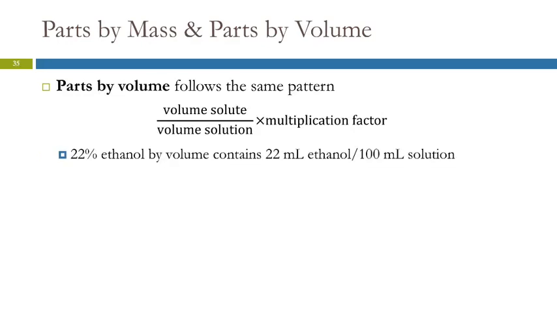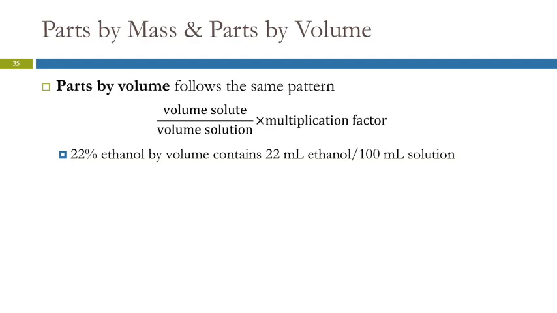For volume, parts by volume is the same, except we're looking at volumes instead of masses. So instead of the mass of the solute, we're looking at the volume of the solute, and we're looking at the volume of the solution. Again, you multiply by some multiplication factor. So you can have percent, which is parts per 100, parts per billion, parts per million, any of those.